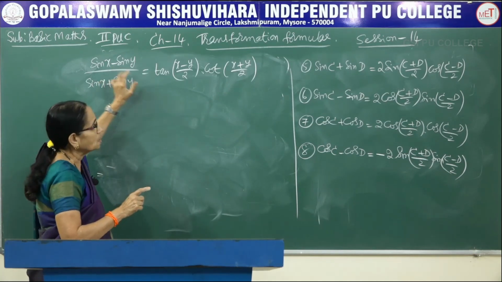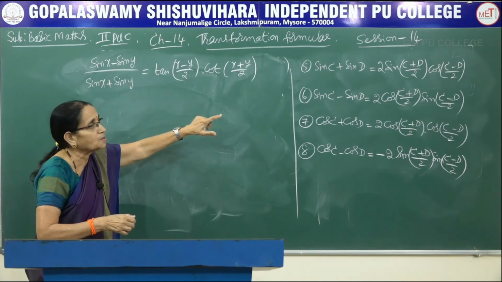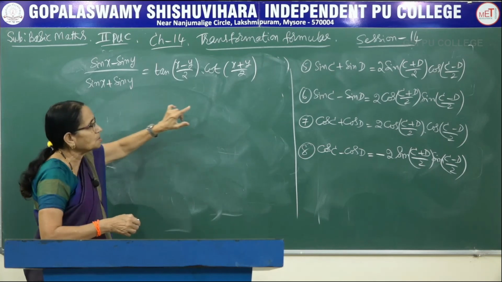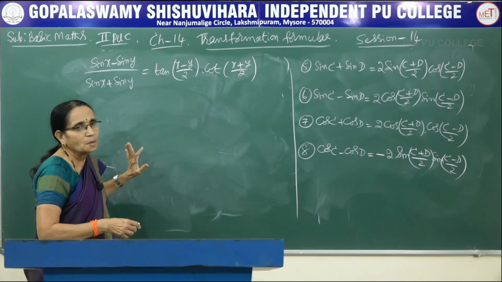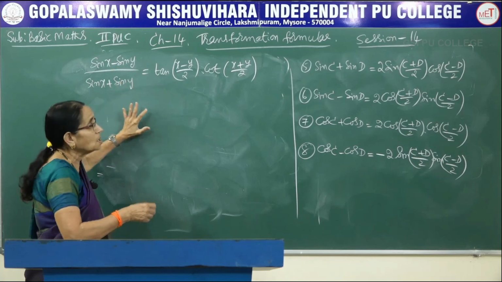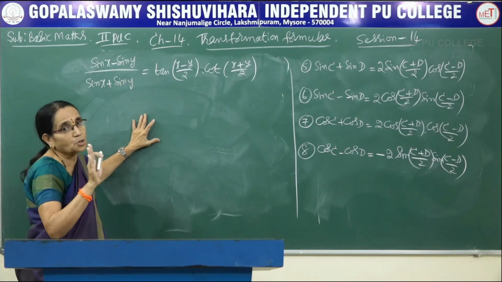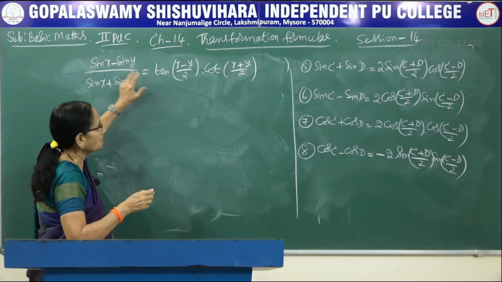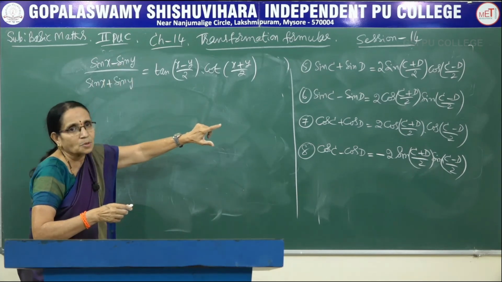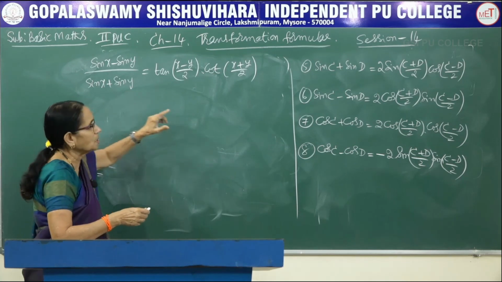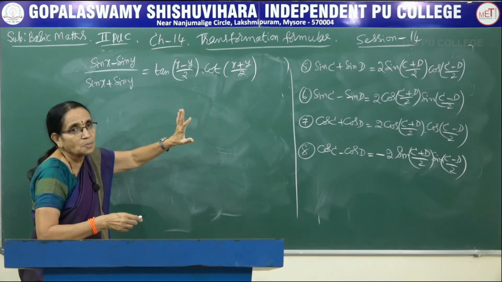Look at the numerator, it resembles the 6th formula, sin c minus sin d. The denominator resembles the 5th formula, sin c plus sin d. So only sin functions, those 2 formulae I am using. So the product would be a mixed product. Sin c minus sin d means cos comes first, sin comes afterwards. Sin c plus sin d means sin comes first and cos comes afterwards.